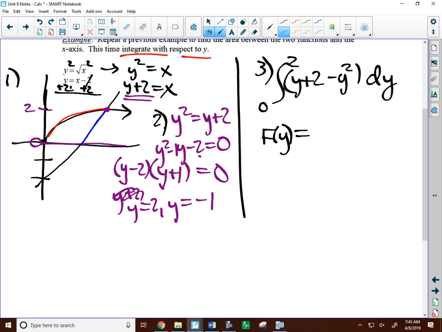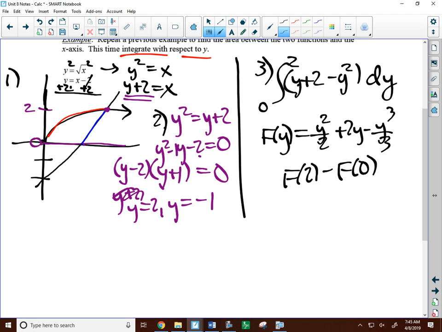F of y, the antiderivative is for y, it's going to be y squared over 2, power rule. Then I got a 2y, and then a minus y cubed over 3. And then we're just going to do f of 2 minus f of 0. I'm going to just fill in the 0, 0, 0, 0 will just be 0.